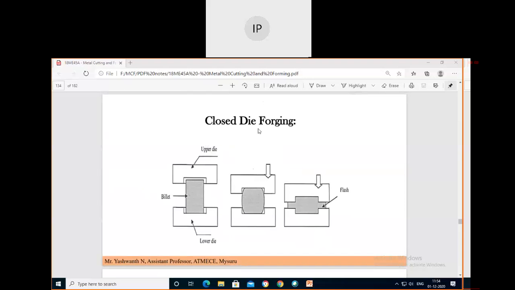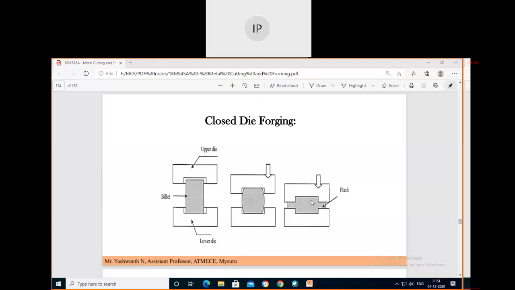Closed die forging is a precision forging in which the entire volume of the work material is enclosed within the die. No material is allowed to escape from the die or mold during the forging process. In open die, the workpiece material is not enclosed, but in a closed die structure, the material is enclosed within the die only.